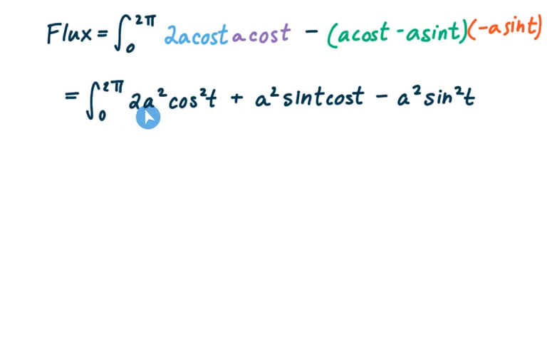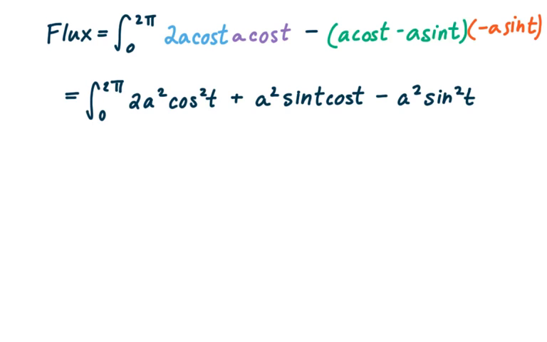Multiplying these together, I've got 2a squared cosine squared t. Distributing that negative and the negative a sine t, I get a squared sine t cosine t. Two negatives make a positive, one more negative, we have minus a squared sine squared t.